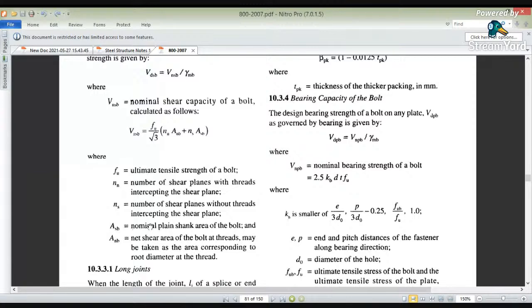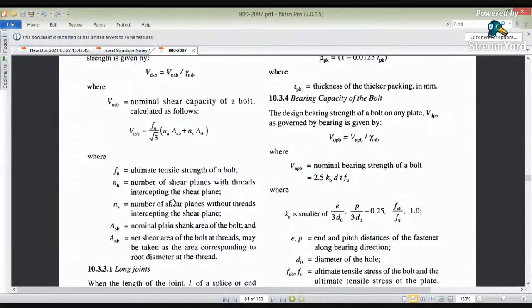What is Asb? Nominal plain shank area of the bolt. Asb is the shank area. Anb is nothing but the threaded area. S stands for shank; the shank is already shown to you in the figure of the bolt.